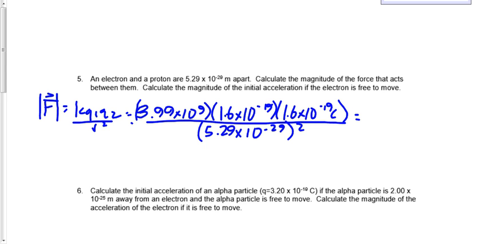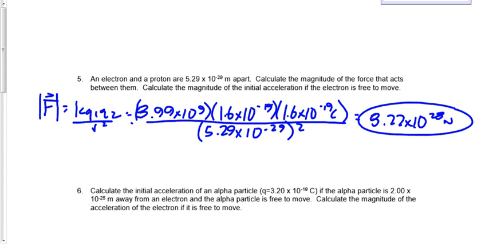We got small charges, and that's going to decrease the force, right? But we have a really small distance. What's more important, the charge or the distance? Distance. How come? Because it's squared. So my gut is that we get a big number here, a big acceleration. In fact, we do. We get 8.22 times 10 to the 28 newtons. Okay, that's a really big force.